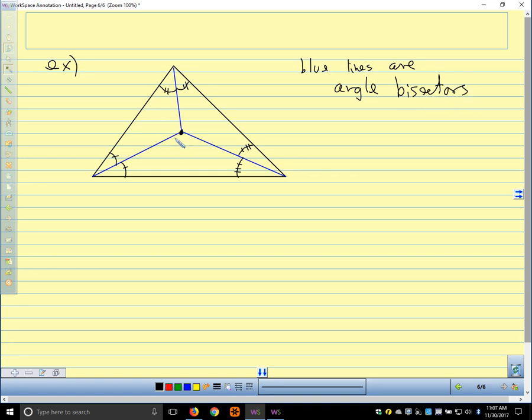So I'm going to call this point G. So where those angle bisectors meet, what is that point? Angle bisectors, same distance from the vertices or from the sides?